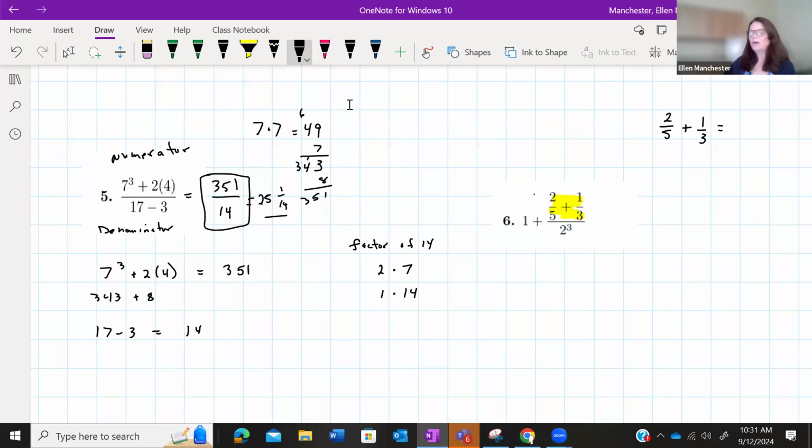So this is where all the information that you got at the beginning on fractions, you have to remember how to do. So what's our common denominator? Okay, good. So this one I multiplied by 3, so I get 6. This one I multiplied by 5, so I get 5. So this is 11/15. So just this part is 11/15.